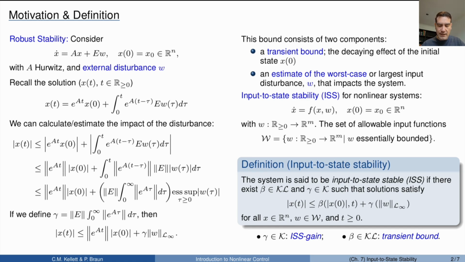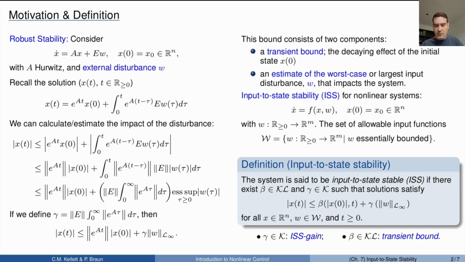Then we define input to state stability through the following property: we say that a system is said to be input to state stable if there exists a KL function beta and a K function gamma, such that all solutions satisfy this inequality.